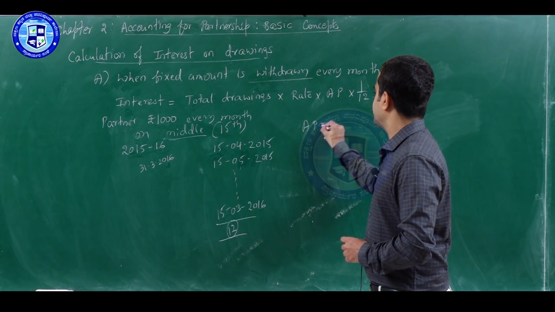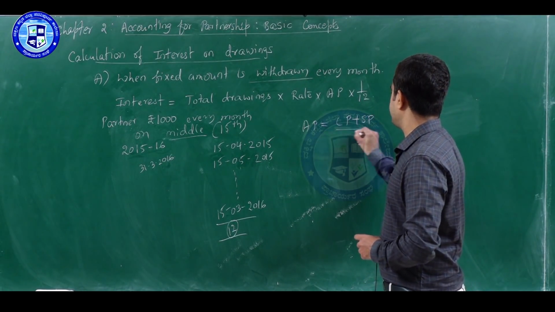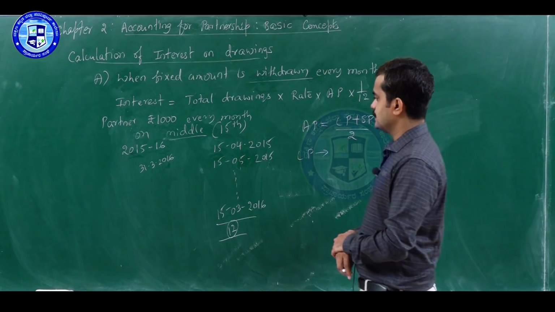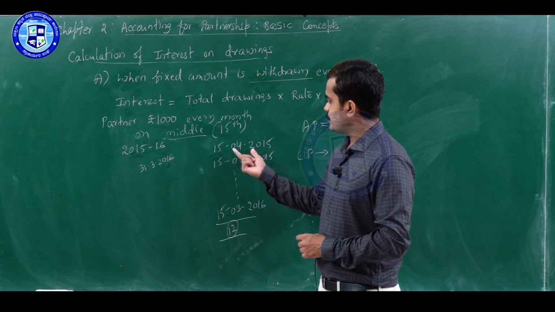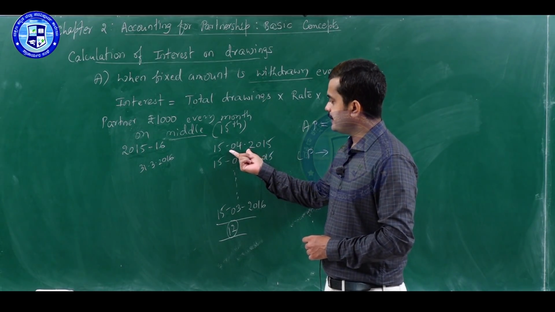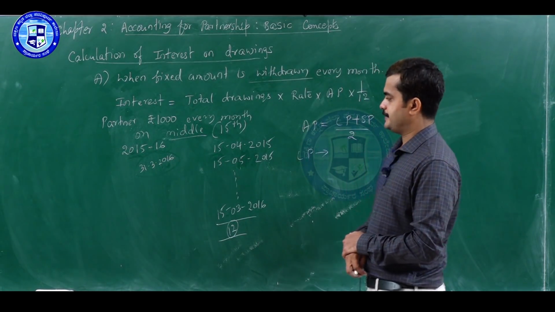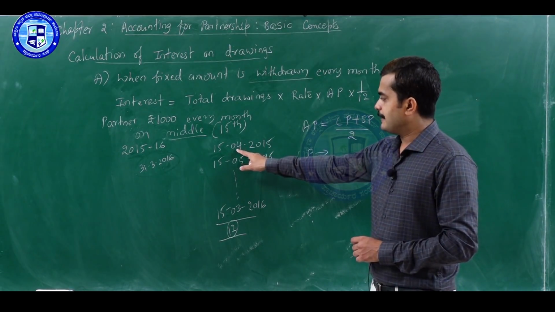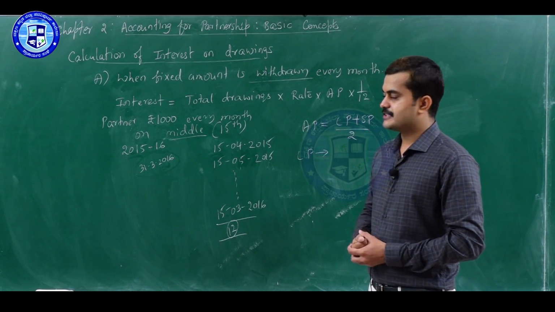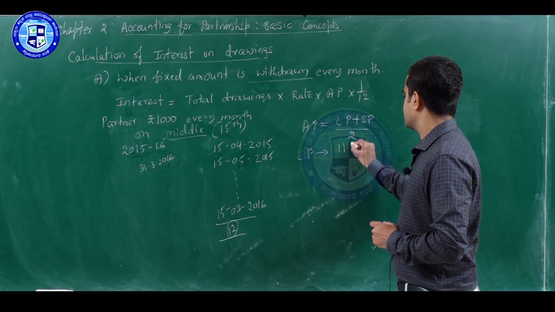So what is the average period? Longest period plus shortest period divided by 2. Longest period, let us see. The first drawing was on 15th April. So longest period is from the date of first drawing to the last day of that accounting period. That means in April we have 15 days, and from May till March 31st we get 11 months. So there are 11.5 months.